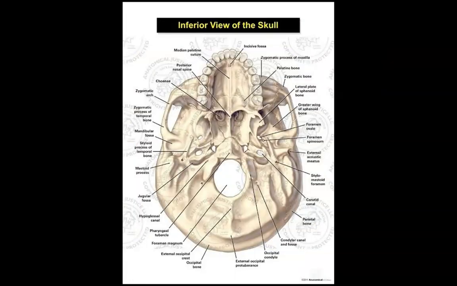If you go through more details, this is the incisive fossa, and this is the palatine suture, this is the palatine bone, this is the medial pterygoid plate with lateral pterygoid plate, and the clivus, and the carotid canal here, the jugular fossa and jugular foramen behind it here, and the foramen lacerum here.